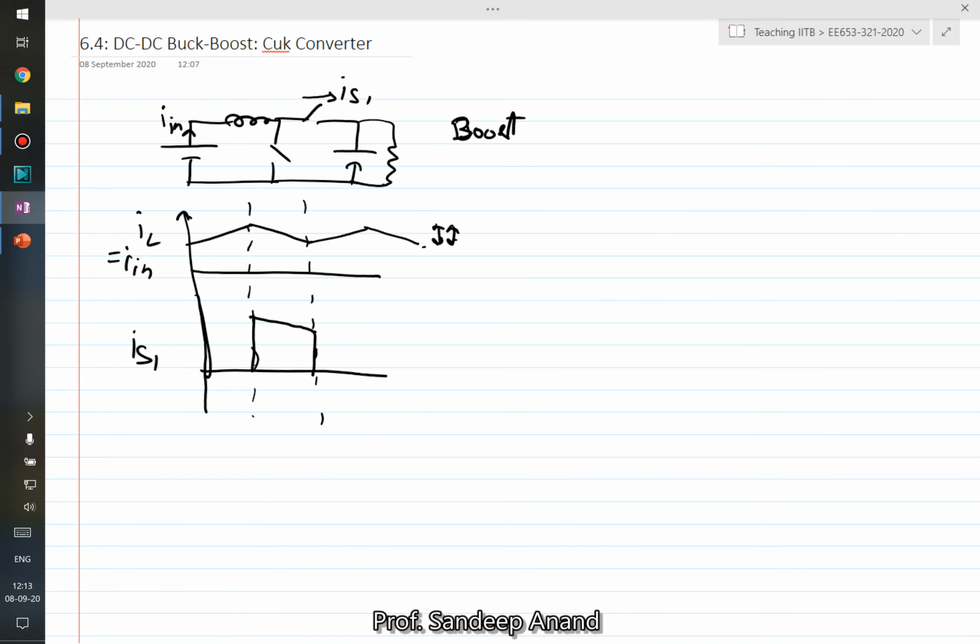Now, even if you use a very large value of L, this ripple, which is across the inductor current, would keep on reducing. But here, if you see, although this would keep on reducing, the total ripple would remain more or less the same, right?